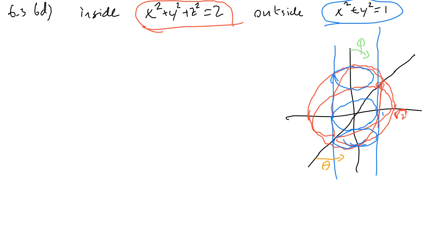Which color did I use for rho in the previous example? I think I used blue. Let's use a different color because I already used blue for my cylinder. So rho is, let's do that over here. Let's draw a line like this. This is going to be rho, the distance to the origin.